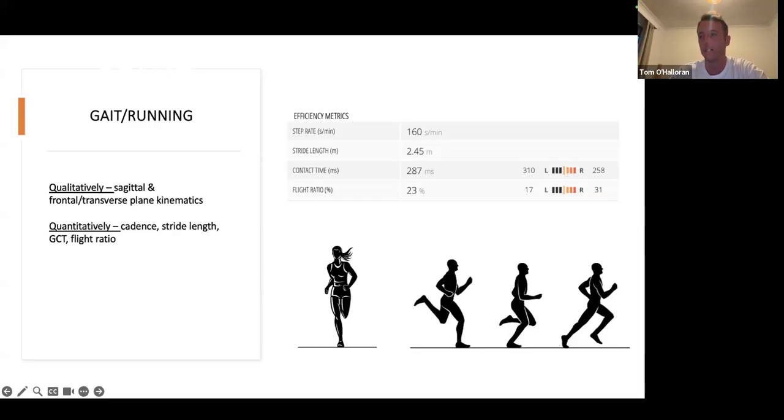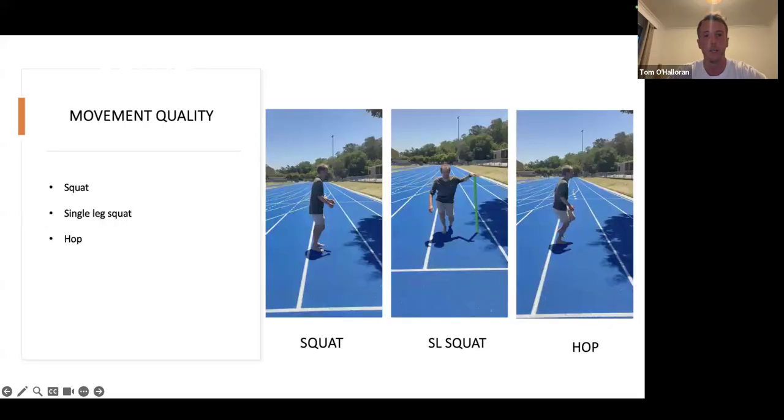I don't have a force plate, so I can't get force plate metrics, but I can get spatiotemporal metrics of running, so around cadence, stride length, ground contact time, flight ratio, and whether that's quite asymmetrical side to side or post injury. Obviously that's quantitative, that's not movement quality, but I won't go too much into that.